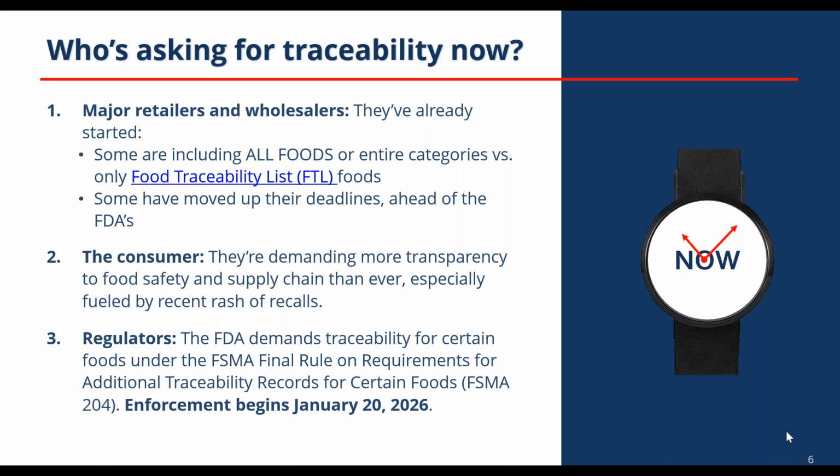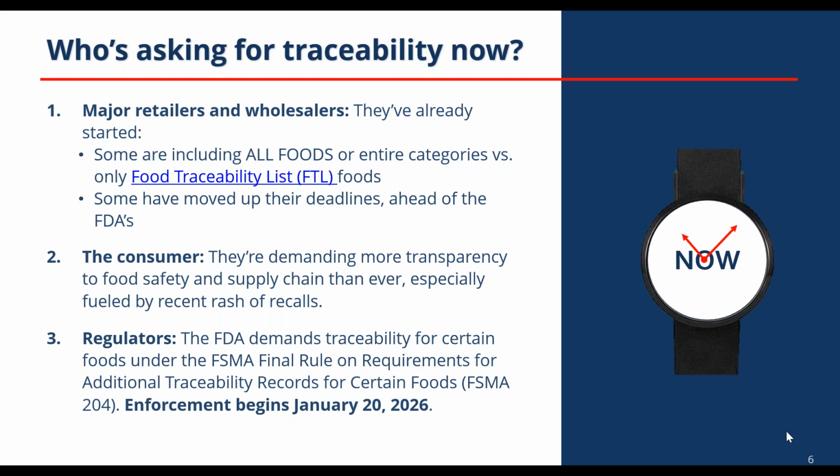And many of them have to get their stores ready for traceability, and that's a lot of work too. Wholesalers have many thousands, hundreds of thousands of independent customers. Grocery stores, all the restaurants need to come into compliance. So there's an enormous amount of work to get done in the next year.